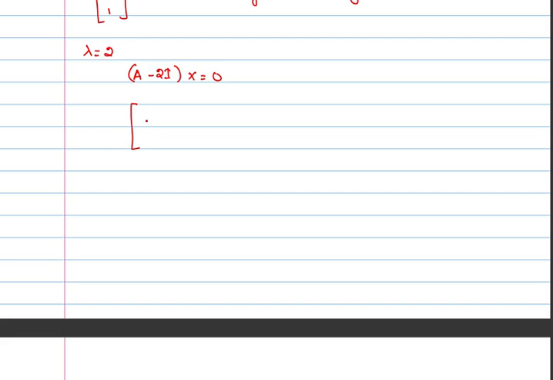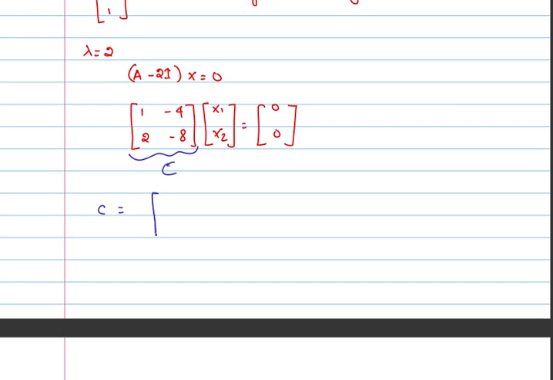A minus 2I is [1, -4; 2, -8]. As in our previous step, consider this as C. The eigenvector is the null space of matrix C. How can we find the null space?